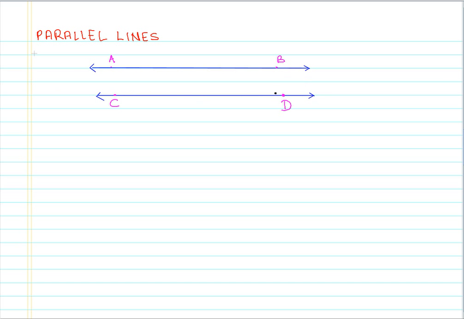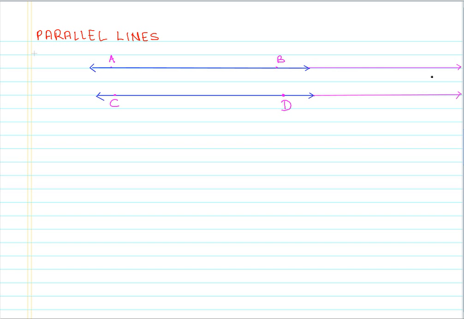Well, if you observe very closely, these two lines, no matter how far you stretch them, if I stretch this line AB outside, or if I stretch the other line CD, which goes outside the paper, as long as it can get, these lines will never meet.